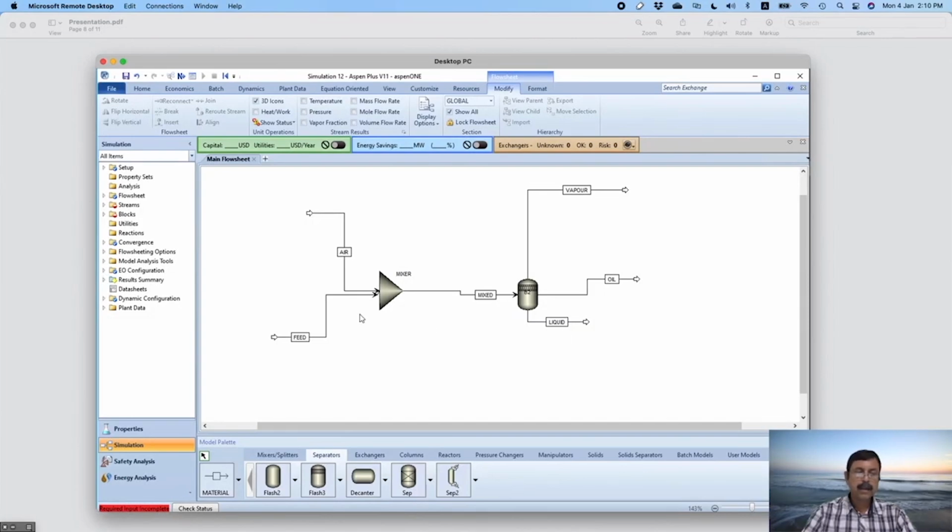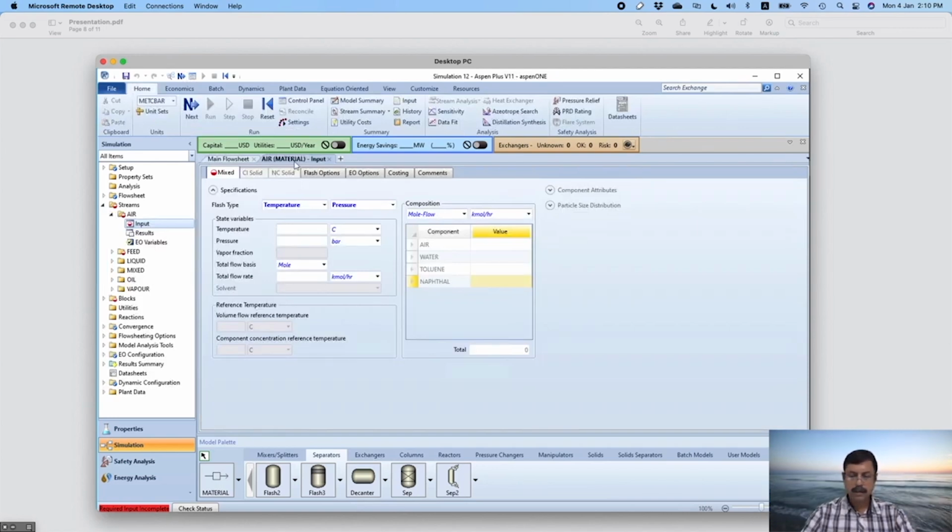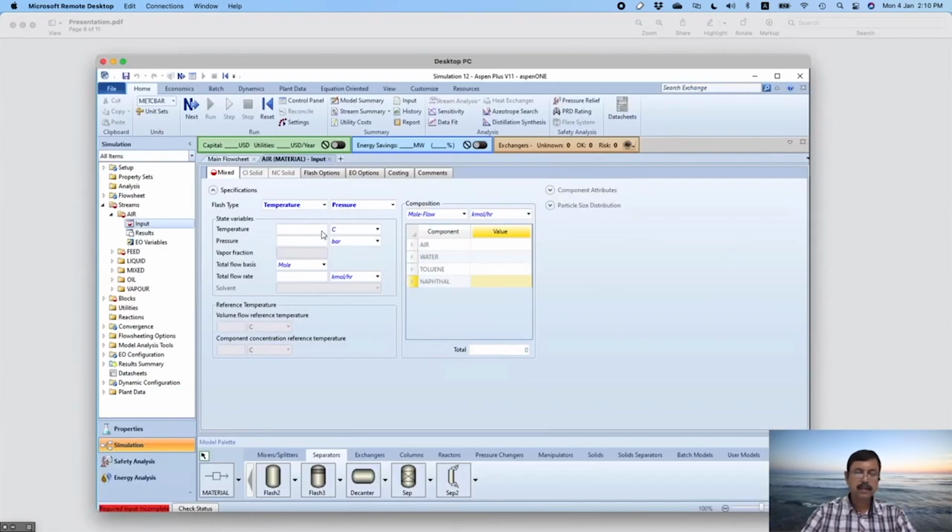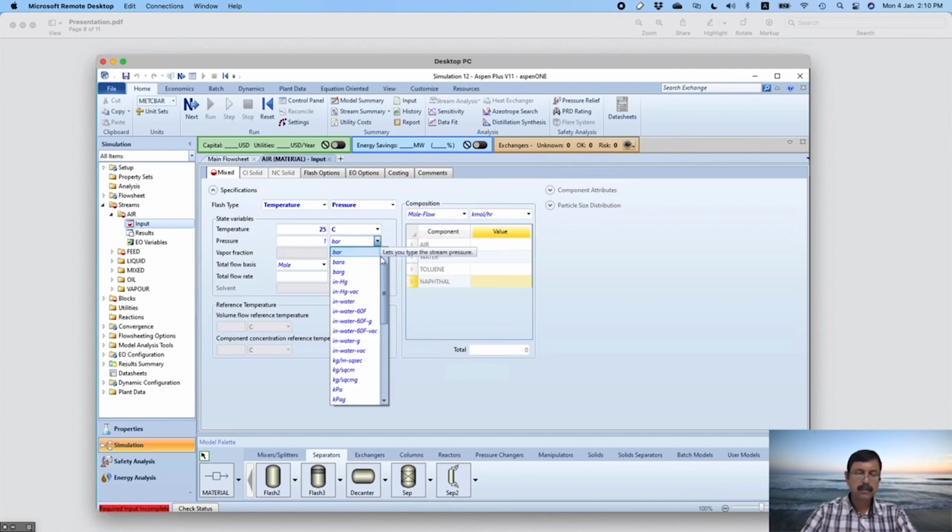So press next. It is asking for the input air. Now air is 25 degrees centigrade, 1.5 atmosphere. So 25 degrees centigrade, 1 atmosphere. Though 1 atmosphere and 1 bar are the same thing, let us be true to the value.